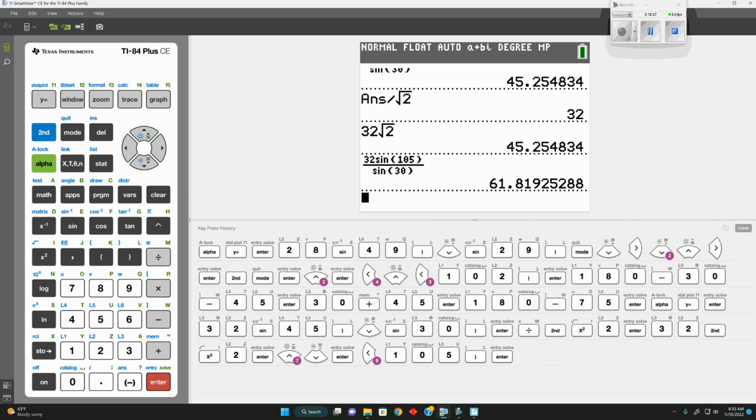No. What happens if I double it? What's 105 times 2? Is that a nice angle? So the yellow calculator used essentially the half angle formula to find sine of 105 to get us a nice value and then applied the rest. So that's where we get that kind of funky angle or funky length.